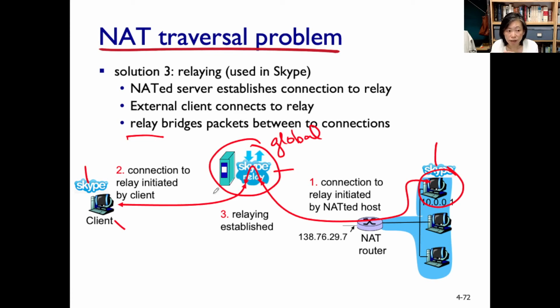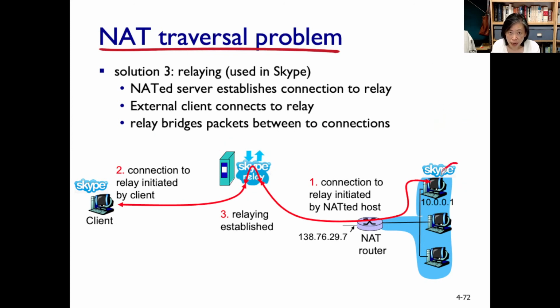However, this is not the only way that Skype gets around the NAT traversal problem. Skype also implements this IGD, the solution we just talked about. In the Skype client, there's a software part of IGD that used to run on the server box in the solution 2 scenario, and there's software that runs on the NAT box. Messages can be exchanged to discover the global IP address and also a fresh port number.